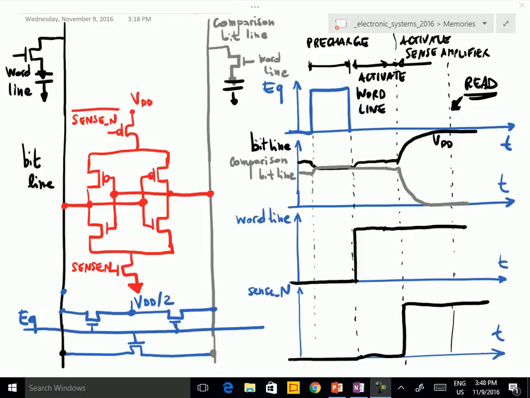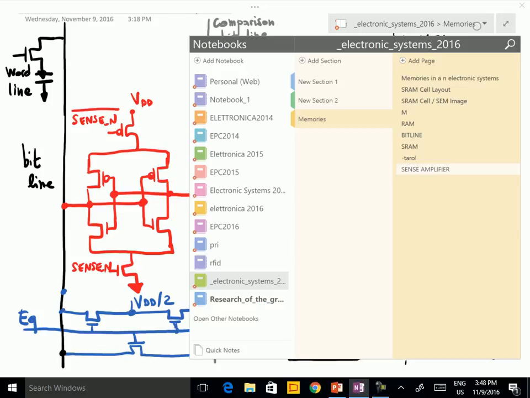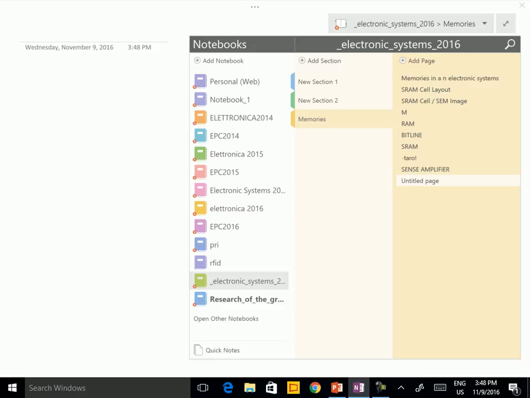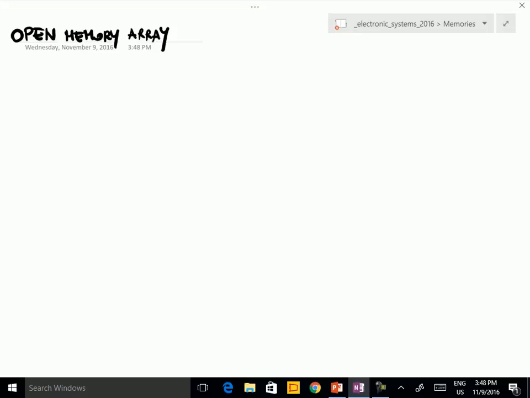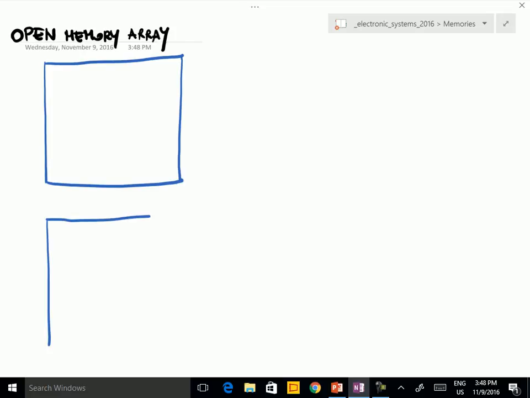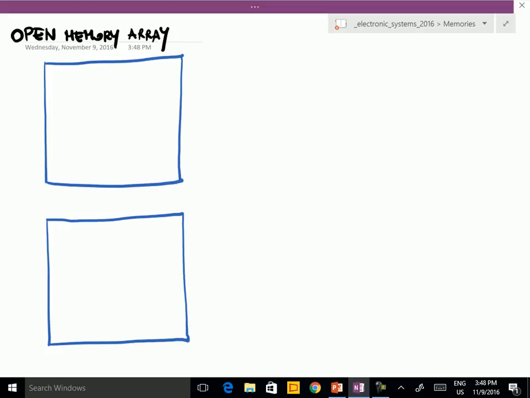And this can be obtained in two different ways, with the so-called open memory array or with a folded memory array. For example, in the open memory array solution, the array of the memory is split into two parts, and we have the sense amplifiers in the middle.